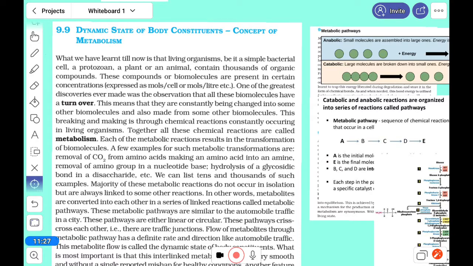We can divide it into anabolism and catabolism, based on the nature of the reaction. But metabolism is the sum total of reactions, and here it is nicely described in your book, that turnover: biochemicals always convert to other biochemicals, and again convert into others, and are formed and utilized again.